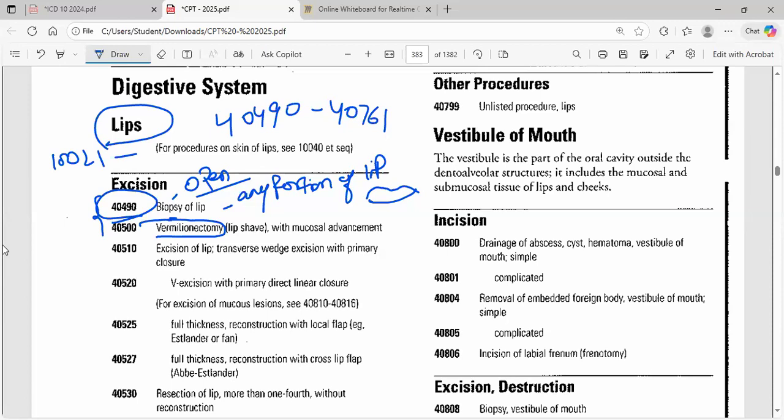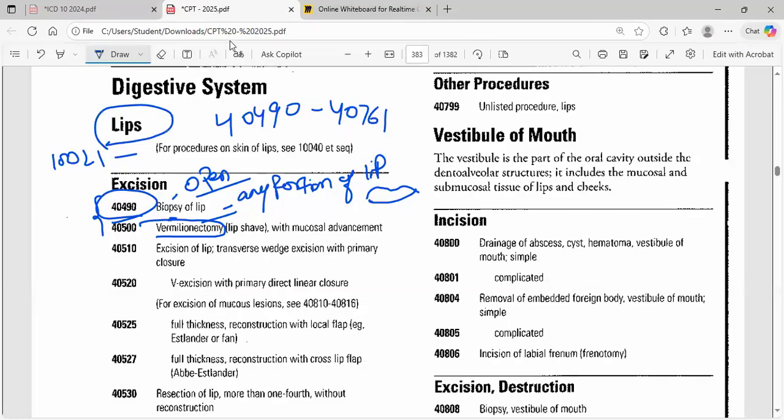Vermilionectomy. Whenever there is the suffix ectomy, ectomy means removal, and vermilion means the vermilion border of the lip.